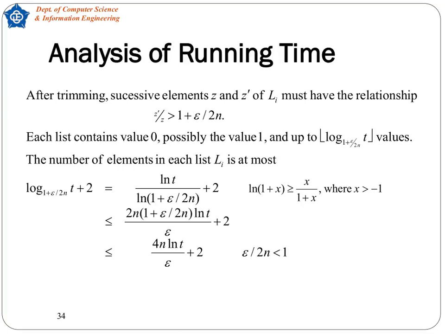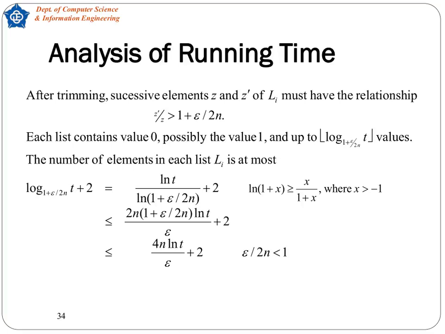Next, applying the standard inequality ln(1 plus x) is greater than or equal to x over 1 plus x, and using epsilon/2n less than 1, we simplify step by step: 2n(1 plus epsilon/2n) ln t over epsilon plus 2 is less than or equal to 4n ln t over epsilon plus 2.